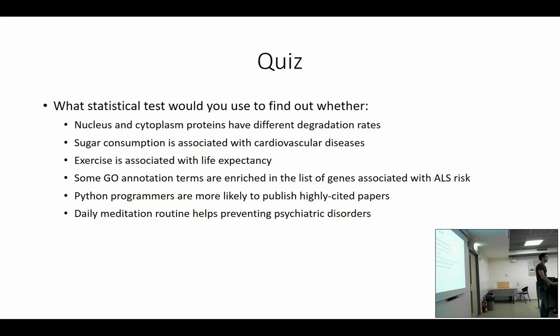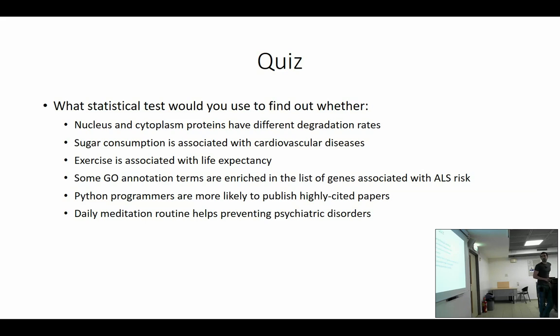I have the list of genes associated with ALS, and say a Go annotation, I don't know, DNA binding. Count how many of these 1,000 genes have this Go annotation of DNA binding. Now we take random genes and see how many have the same one.